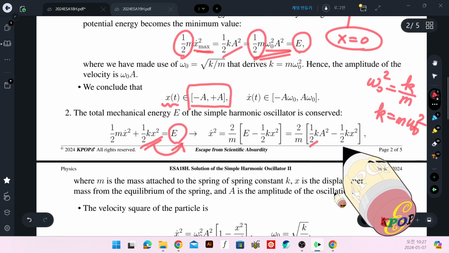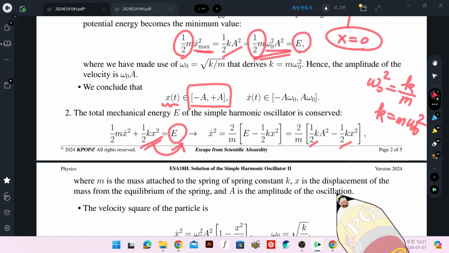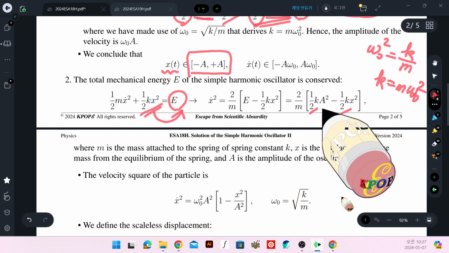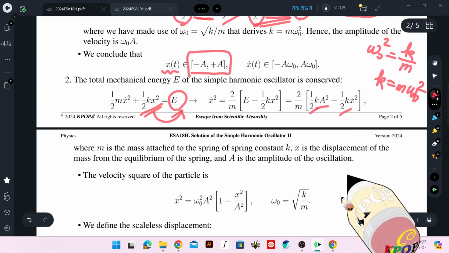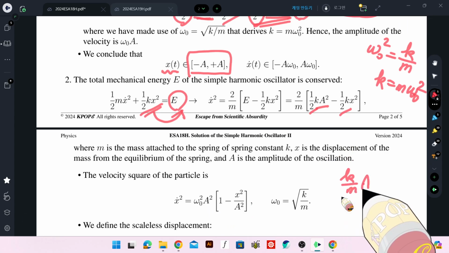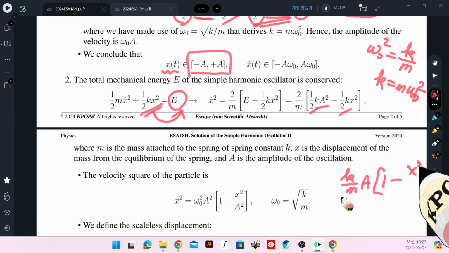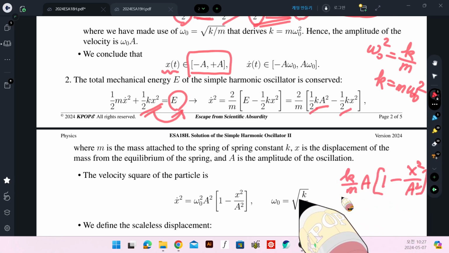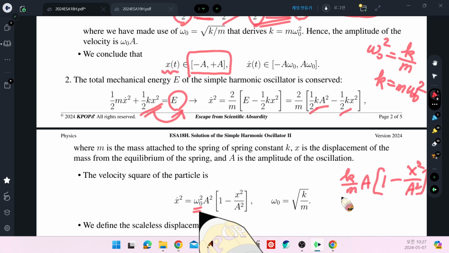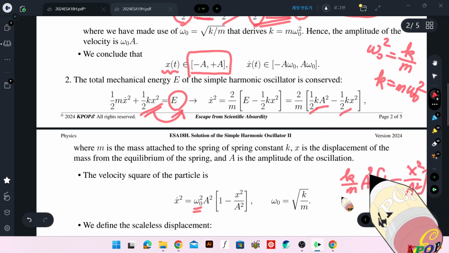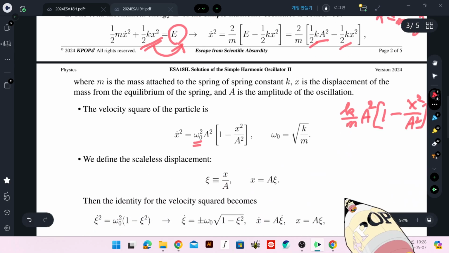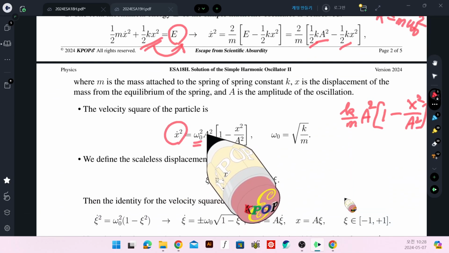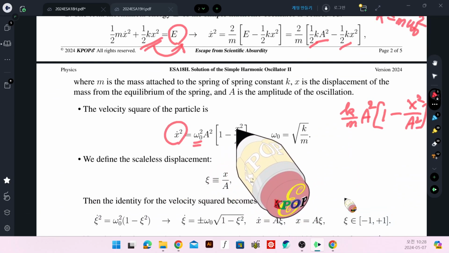So we factor out this common factor to reach the point that in addition A squared, we have k over m, 1 minus x squared over A squared. K over m, that is omega 0 squared. We have factored this out, kA squared. Therefore, velocity squared is omega 0 squared A squared, 1 minus something.